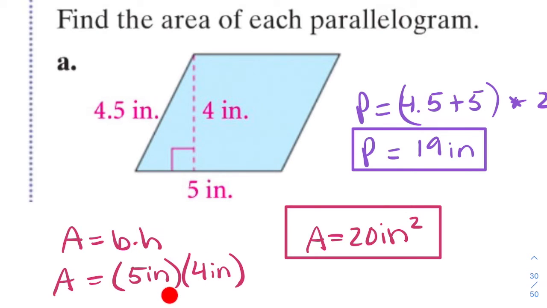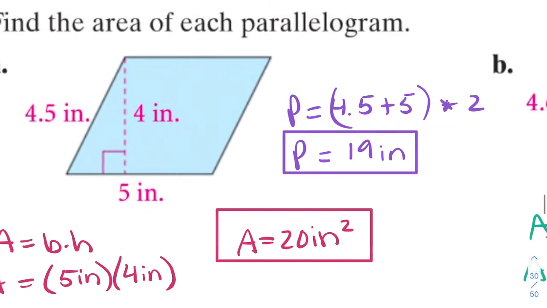Inches times inches is inches squared. So the area of this parallelogram is 20 inches squared. Now, could I have used 4.5? No, not really, because we don't have a height coming down this way or this way. So it's kind of there to trick you.